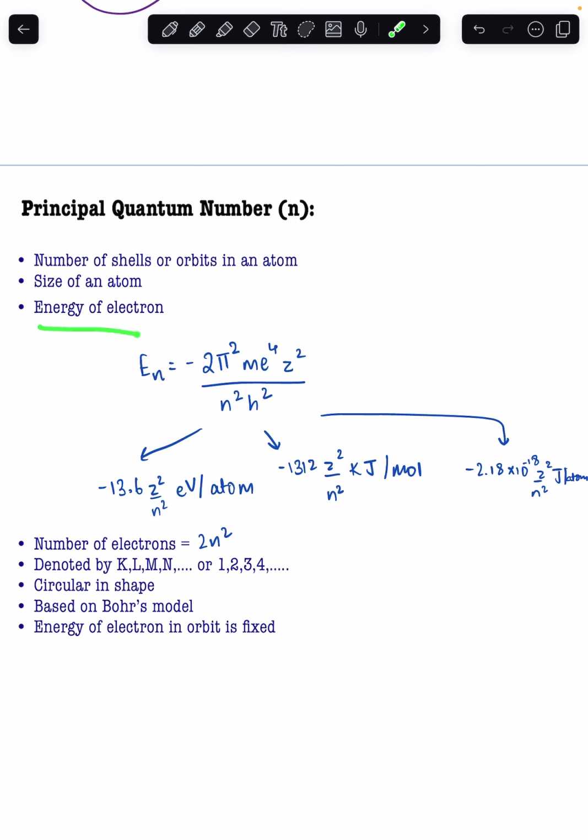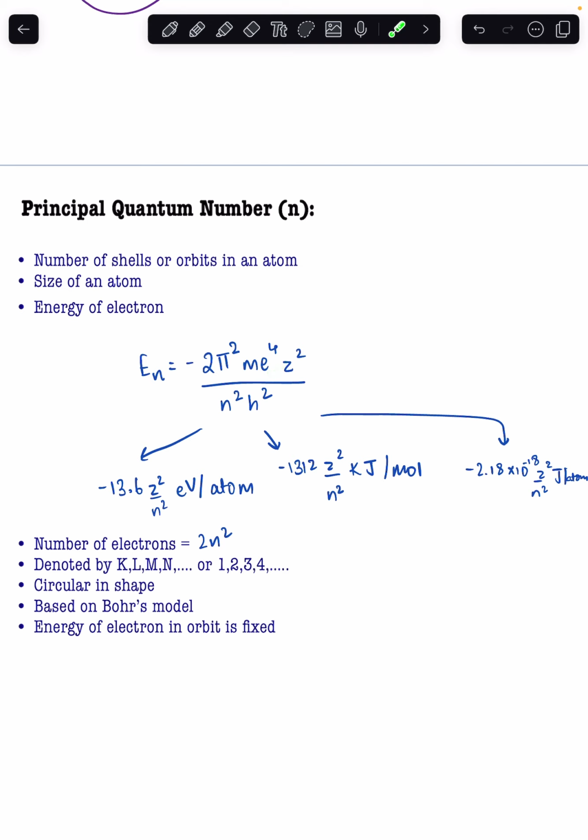And it also tells us about the energy of an electron. This is also from some previous thing that we had studied, but still I wrote it here again: energy E is 2 pi square m e4 z square by n square h square. h is Planck's constant, n is the principal quantum number, z is the atomic number, e is the electronic charge, m is the mass.